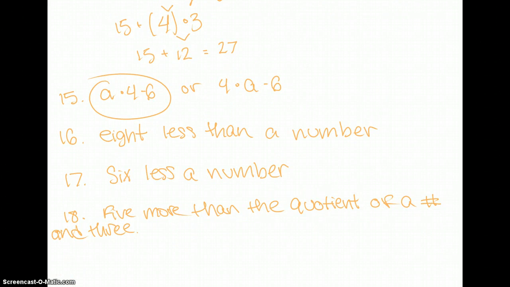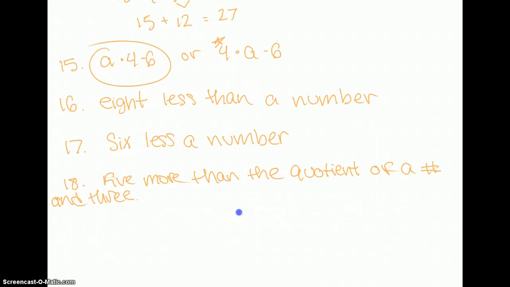I know this because it says in the problem 4 before the variable. So the actual way to write out the product of 4 and a number decreased by 6 would be 4 times a minus 6.